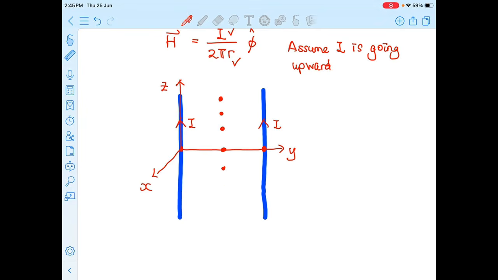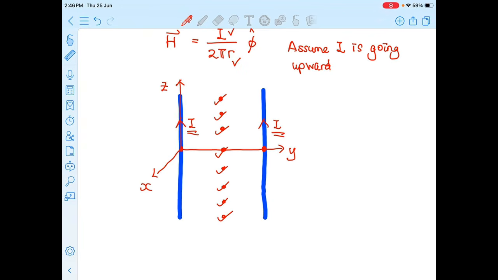So there are so many points. Basically they just want you to find the value of the magnetic field at these positions. And because the wires are infinite, all the points here will have the same H, as long as their distance from the wire is the same.